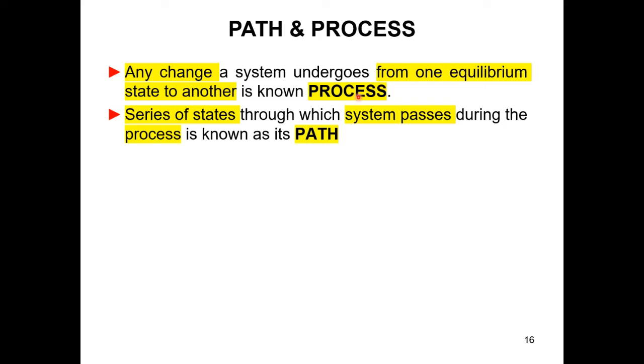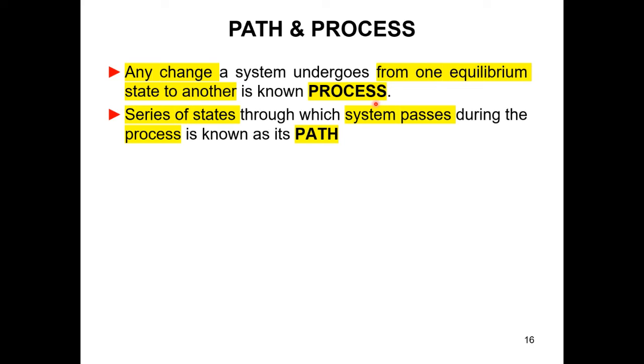It will move from one equilibrium state to another. After some time the water will not come back to the same position, meaning it has already reached an equilibrium. So any change the system undergoes from one equilibrium state to another equilibrium position is known as a process.